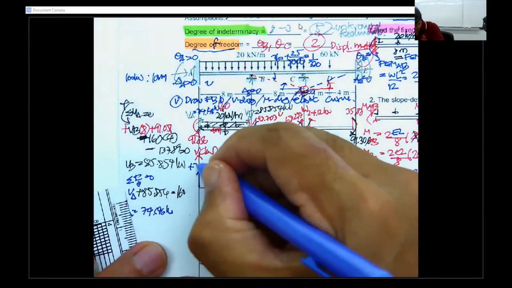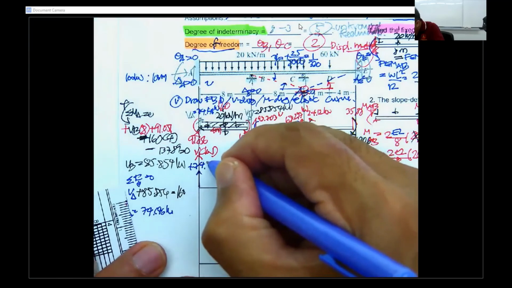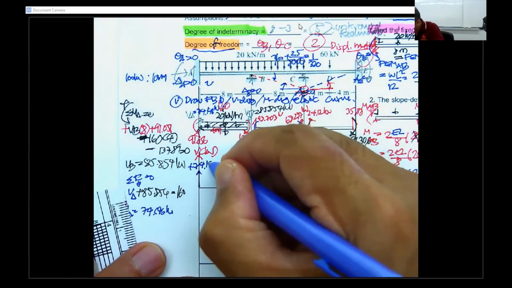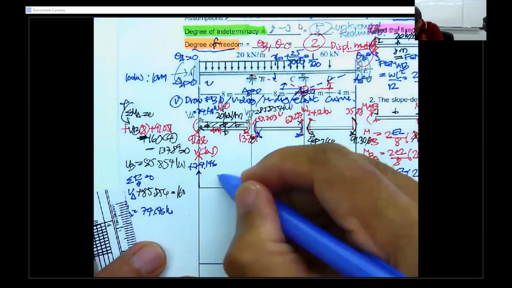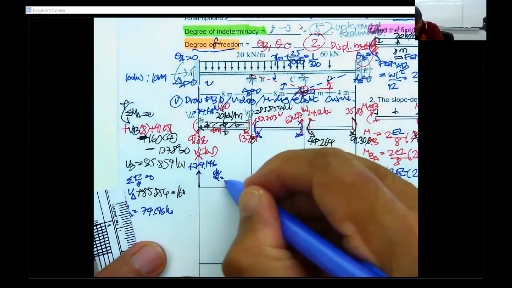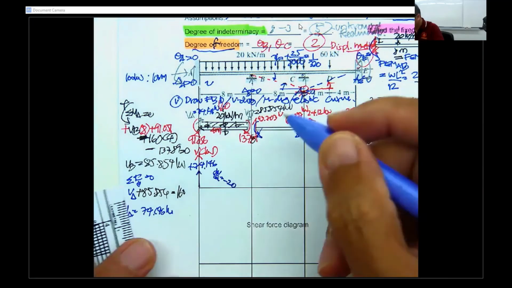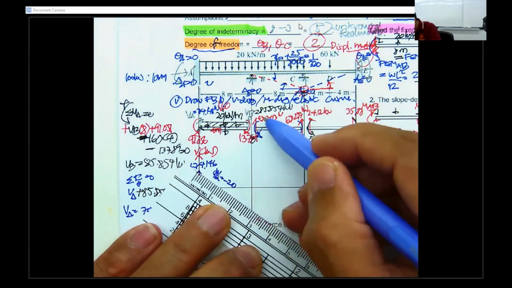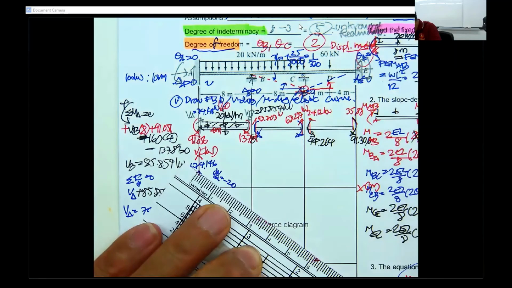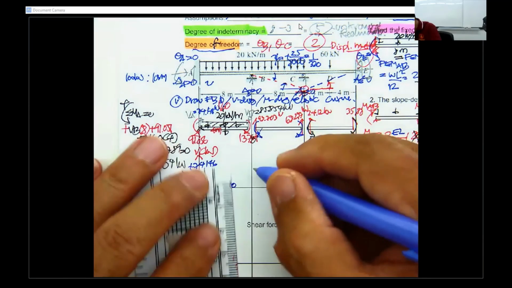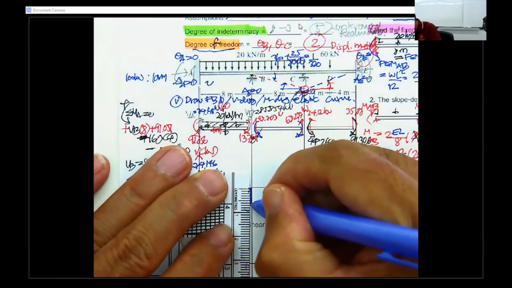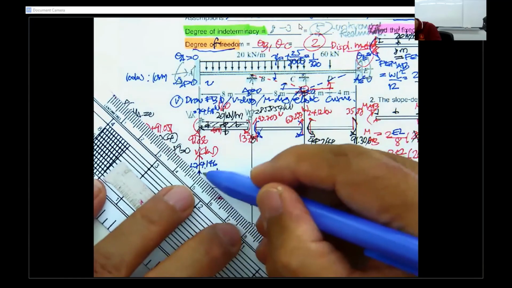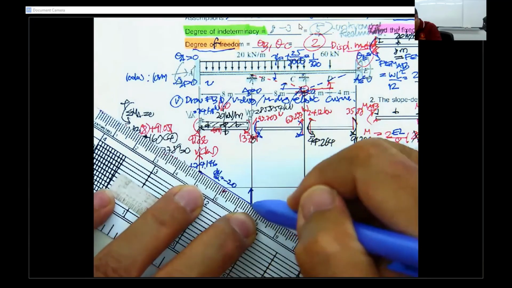Plus 74.146. And then you have dV by dx equal to minus 20. This is going to be downward, and this is going to be 85.854 upward. So you have the shape of the shear diagram like this.